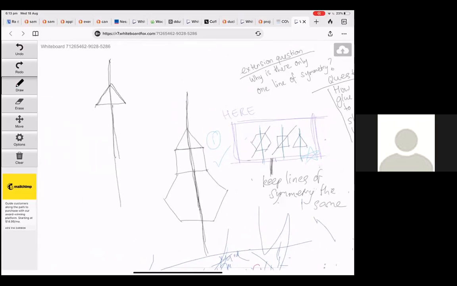There's also another way. I'm just saying that we can use the hexagon and the square, and then put a square. Yeah, this works.